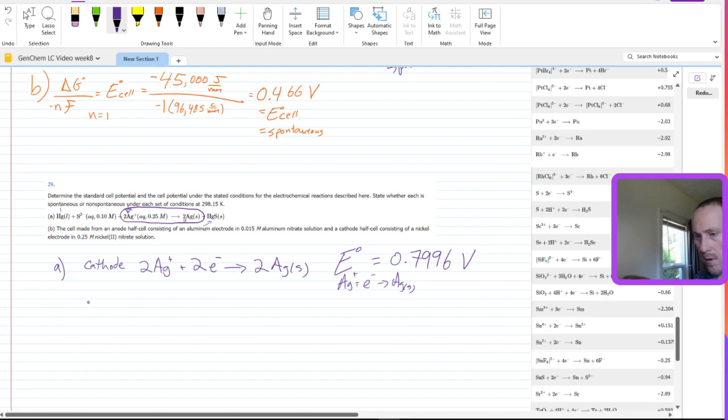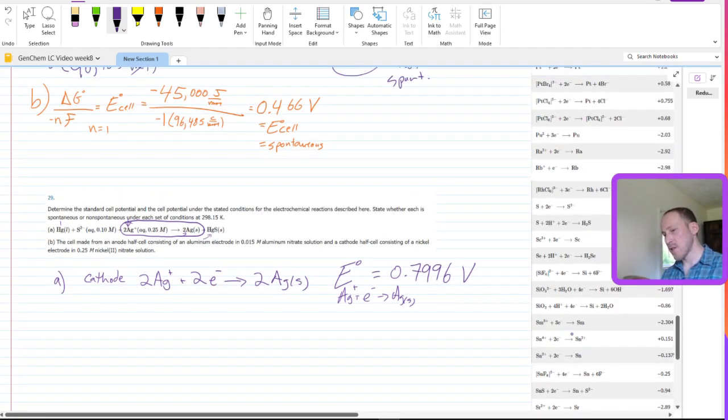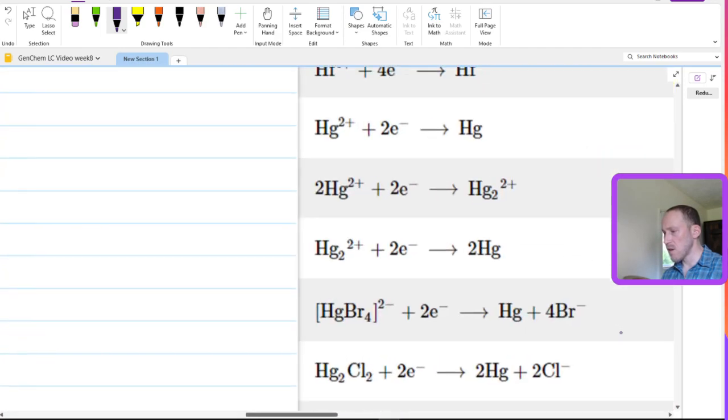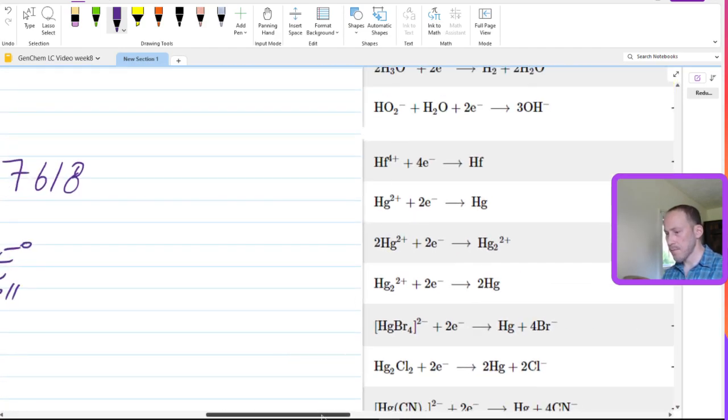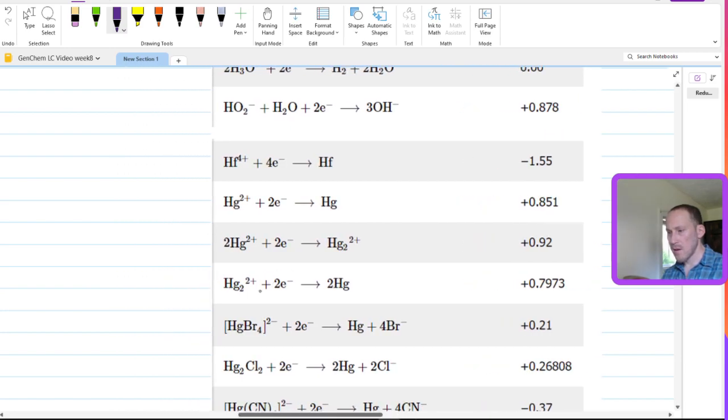Our anode, it looks like, is essentially the reduction to hydrogen. So let's see. I'm a little bit hesitant to say if that's a mercury or sulfur thing. So I'm going to look at both on this table and see what the table tells us. Okay, so here we have diatomic mercury. This is an interesting one because look at these three different mercury options we have.